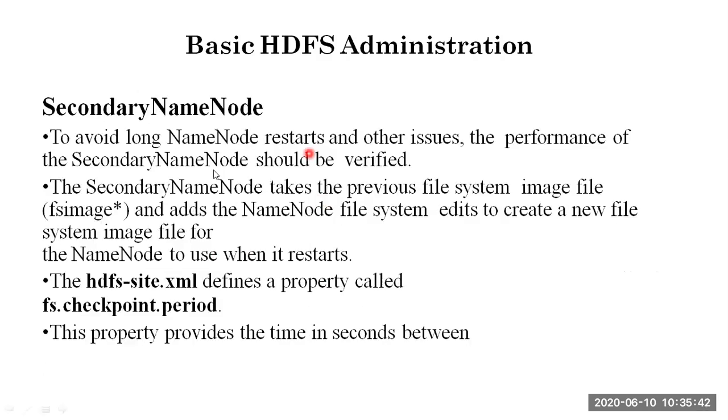Secondary name node is used to avoid long name node restarts and other issues. Just remember that the secondary name node is not an alternative for the name node. It acts as a supplementary, which takes the previous file system image file and merges it with the name node's file system, so a new file can be created when the name node restarts. For this, you can use hdfs-site.xml, which defines the property fs.checkpoint.period.